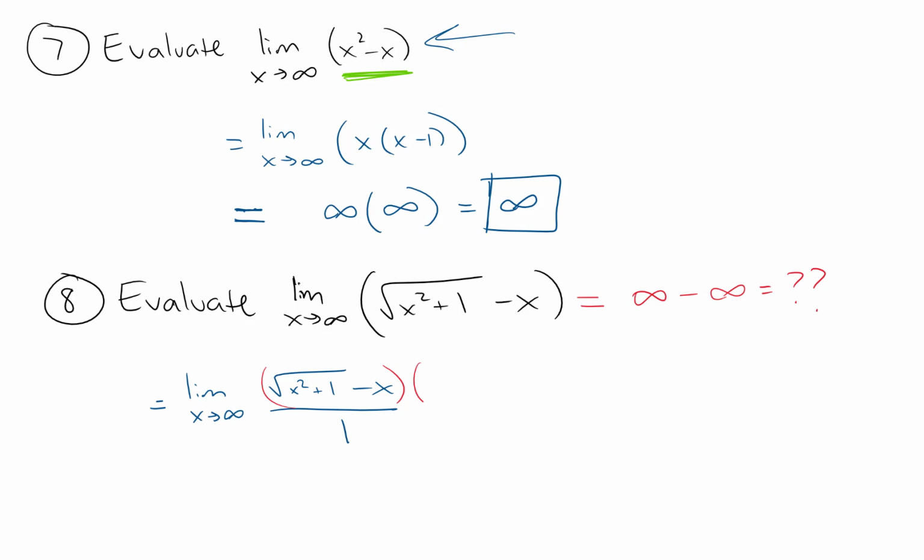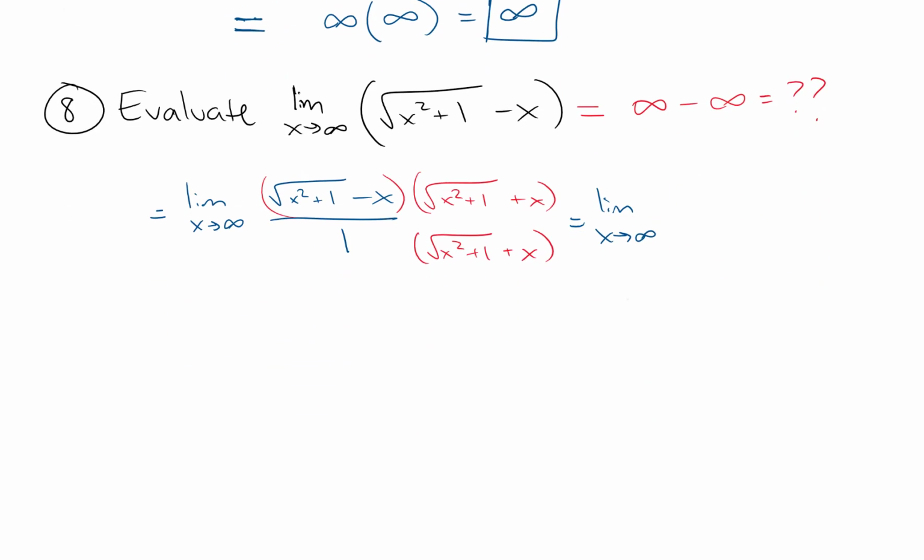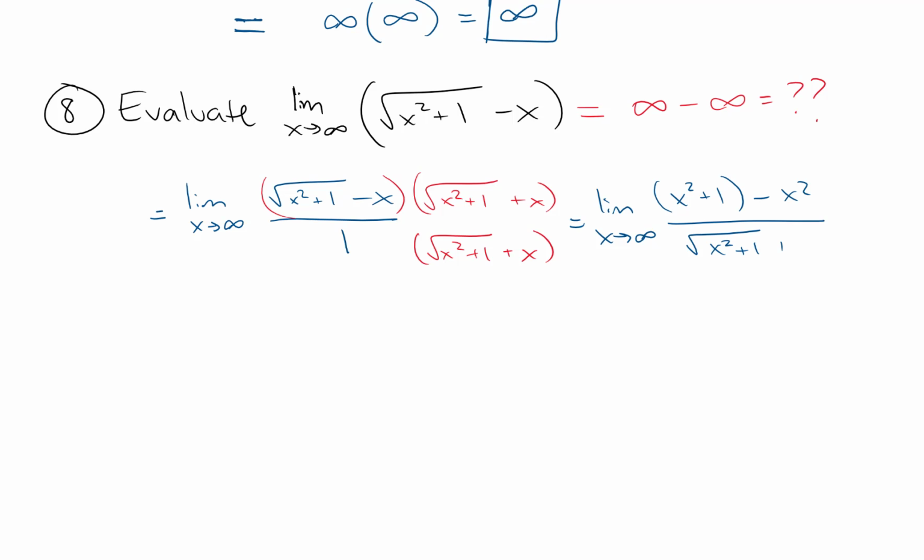So we're going to do that, and then multiply both the numerator and the denominator by that conjugate expression. Simplifying that, our square root gets to go away, minus x squared, all over that conjugate expression. In the numerator, the x squareds are now gone.